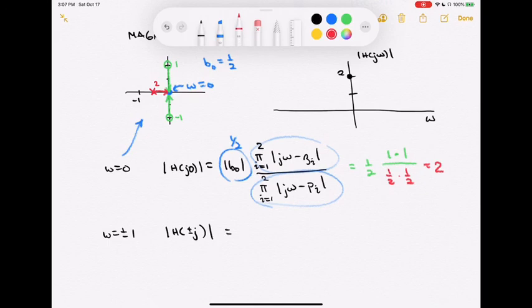Well, we are still going to have that 1/2 in there. And then we would also have the distances from the poles, which aren't really going to matter, and the distances from the zeros. Why doesn't the distance from the poles matter? Because the distance from the zero, one of them is going to be 0, and that's going to make 0 times something, and it's just going to be 0.